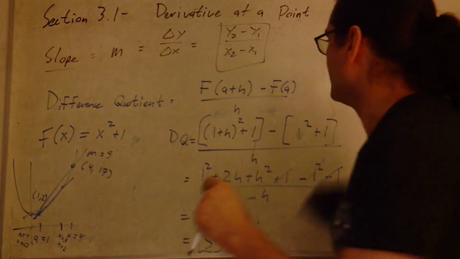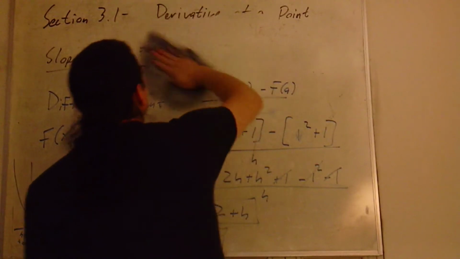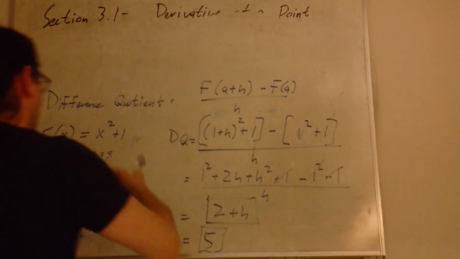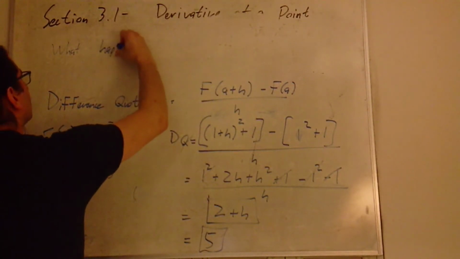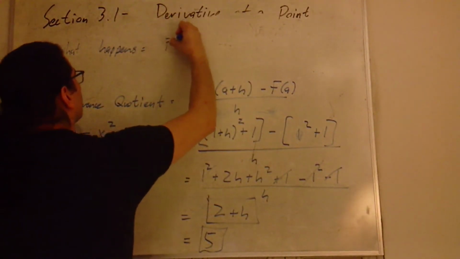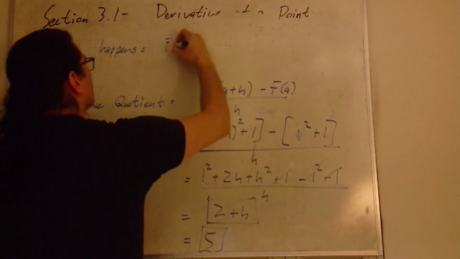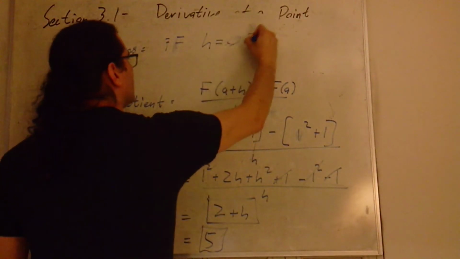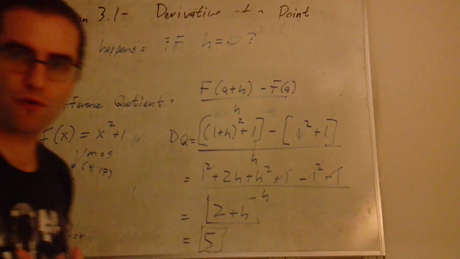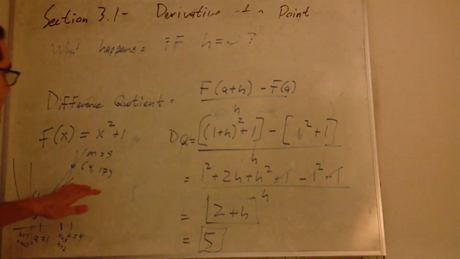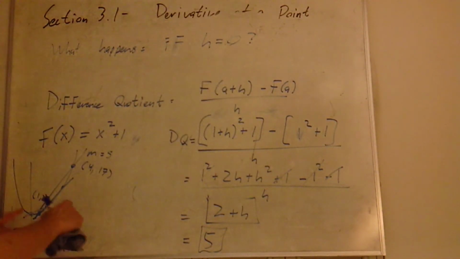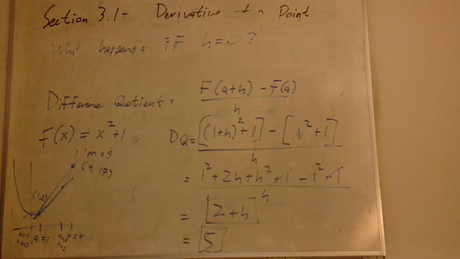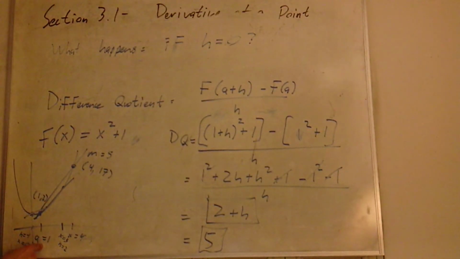So what happens if h equals 0? If h equals 0, in this example I have down here, I'm not talking about the point a equals 1 and then a separate point that's far away from that.